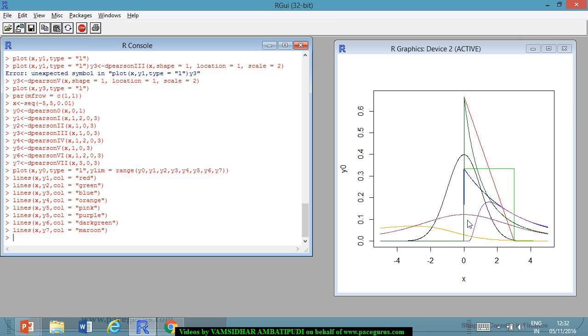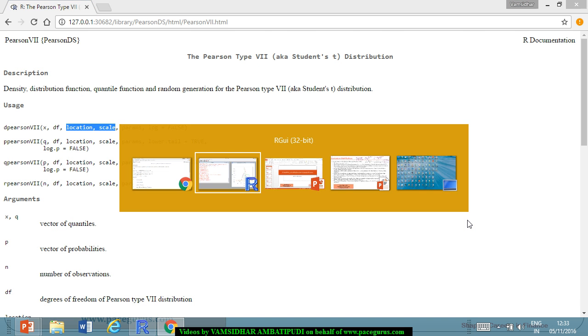So you could see that with the similar kind of values that we have given, almost the location parameters being 0 in almost all the cases, the scale parameters being the same, just by changing the shape parameters of the distribution, we could see different kinds of shapes that are coming out altogether, and that is what we really need to be comfortable with.